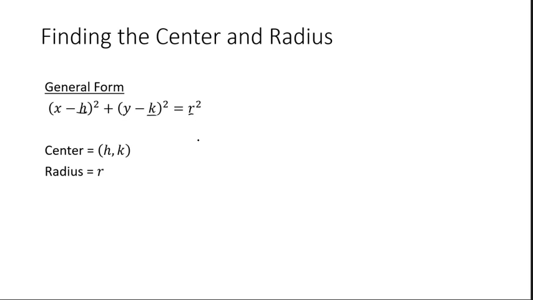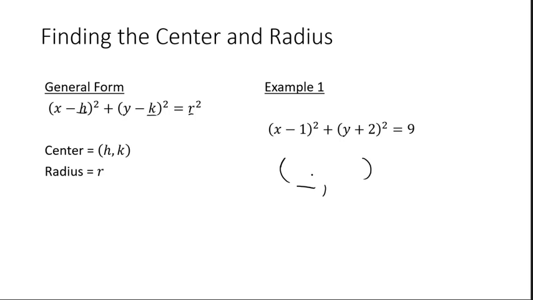So what does that look like? Here we have (x - 1) squared plus (y + 2) squared equals 9. To find the center, we know it's going to be an x and a y value, and the x component comes from this -1. You have to change the sign, because notice up here in general form it's x minus h.